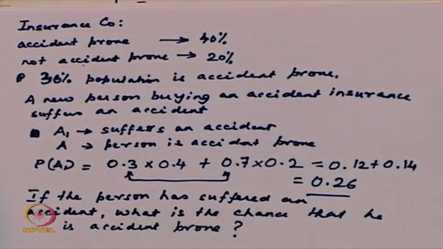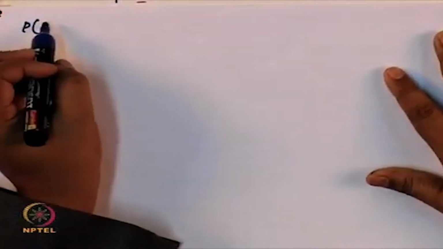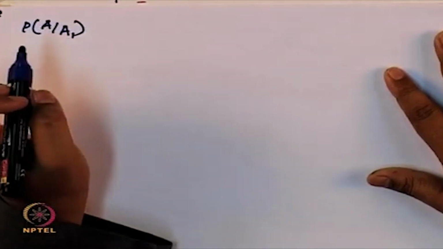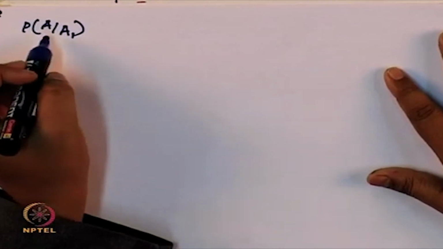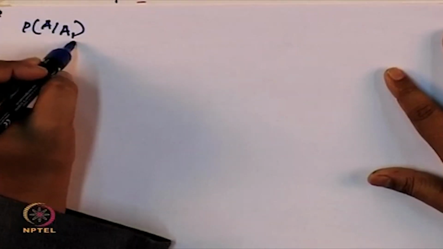I want to have the reverse question: if I know that the person has suffered an accident, what is the chance that the person is actually accident prone? Again, for solving this problem we have to make use of conditional probability. Essentially we have been asked to compute the probability of A given A1, that is, the person is accident prone given that he has an accident.